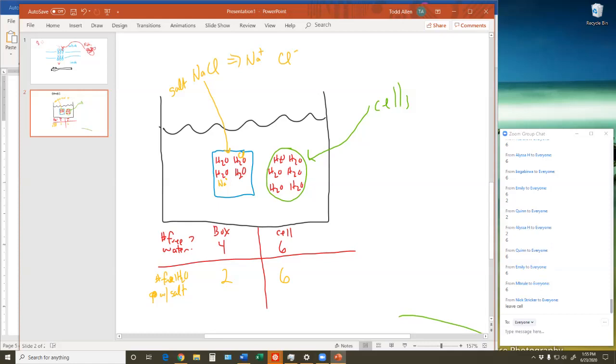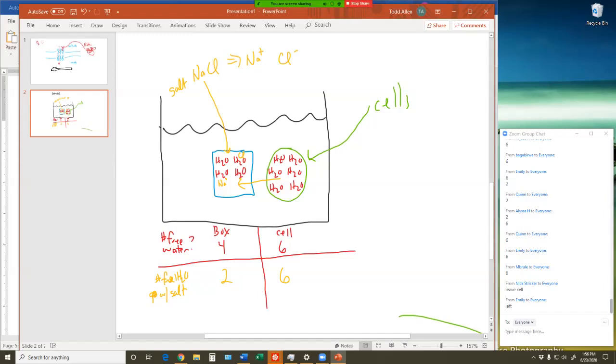Okay, Nick says it's going to leave the cell. How about the rest of you? Okay, you say it's going to go to the left, Emily, so that means it's going to leave the cell. Okay, that's right. So in our hypothetical scenario, the water is going to leave the cell and enter the box, because the purpose and goal of osmosis is to get the same number of free water molecules equal on both sides of the membrane, or on both sides of the imbalance, if you will.